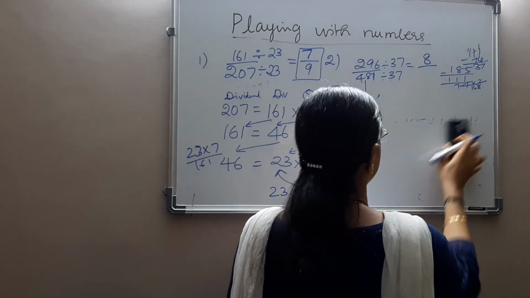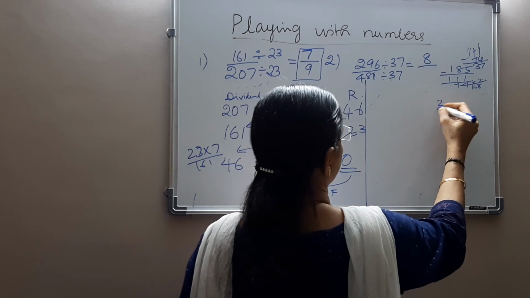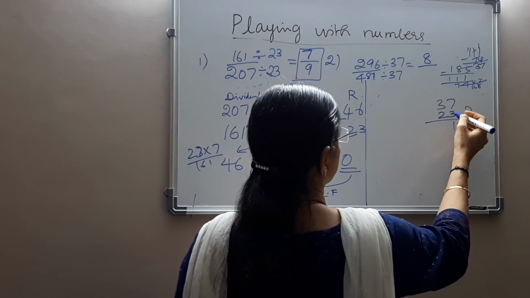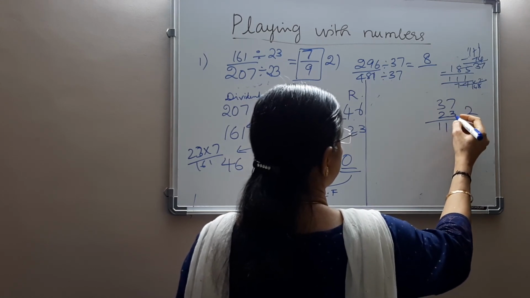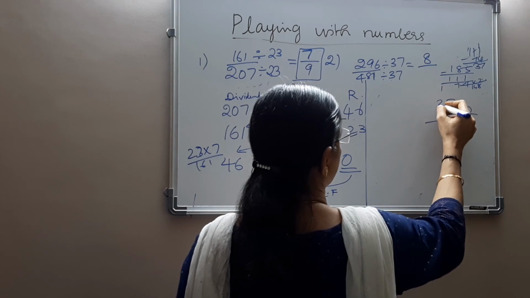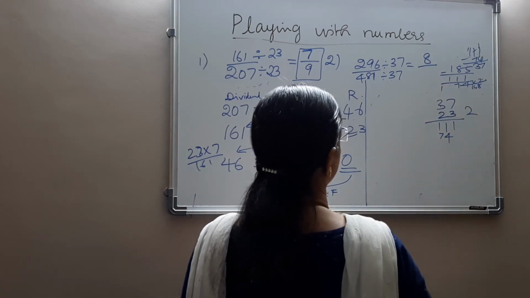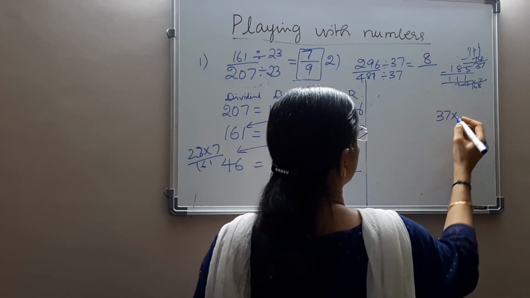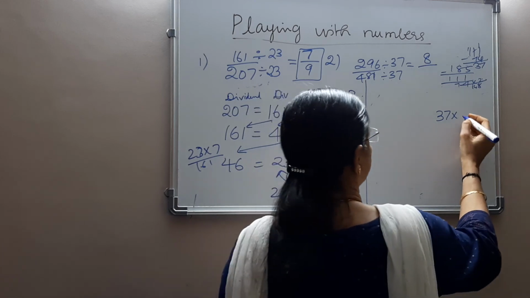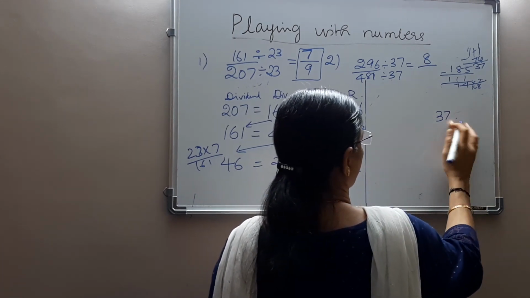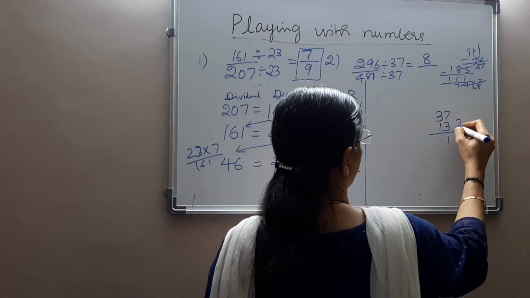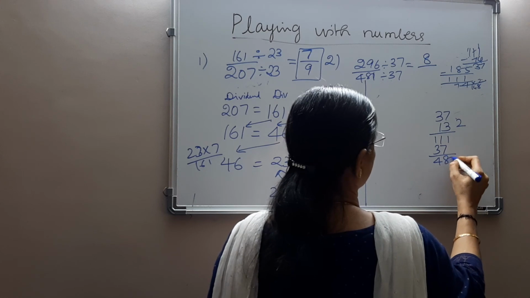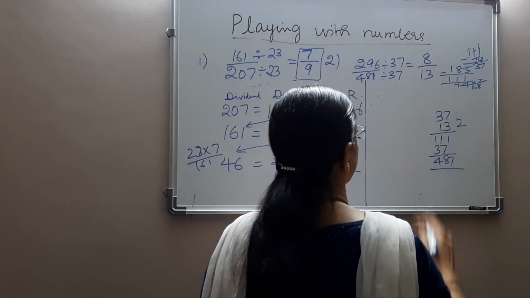Cut this off, I made a mistake earlier. Okay, so I get exactly 8 divided by 13.